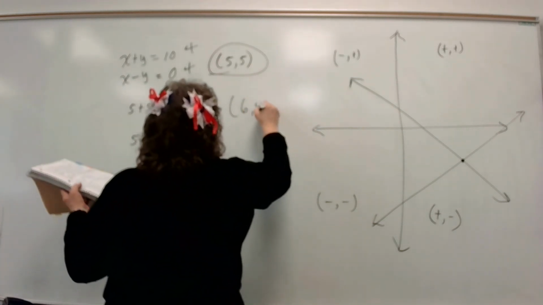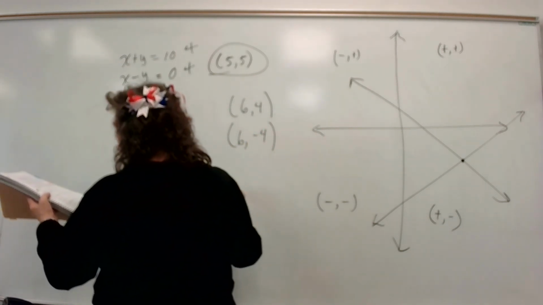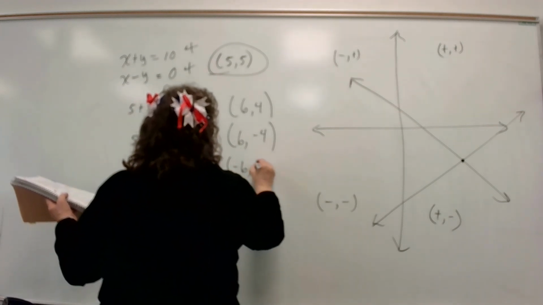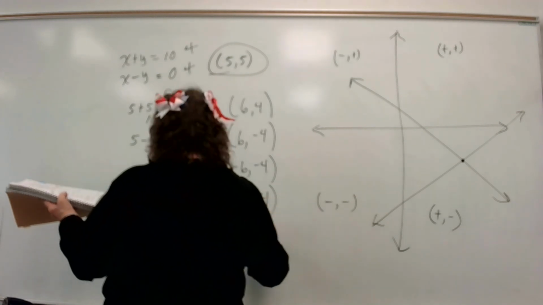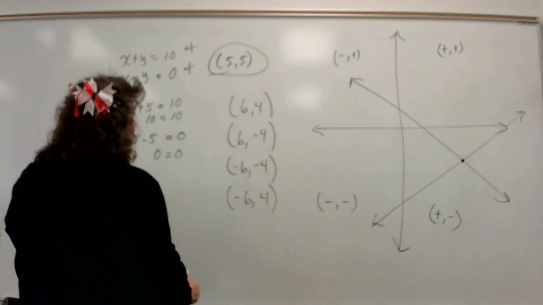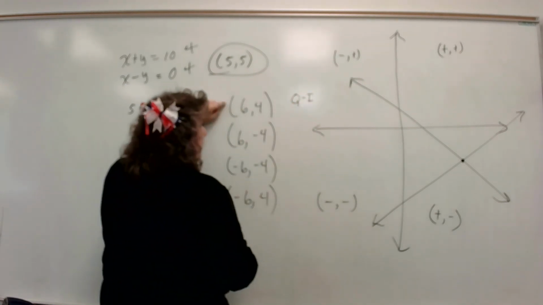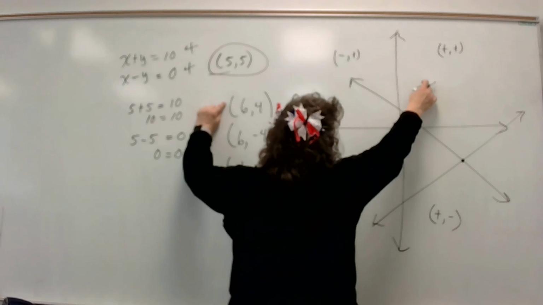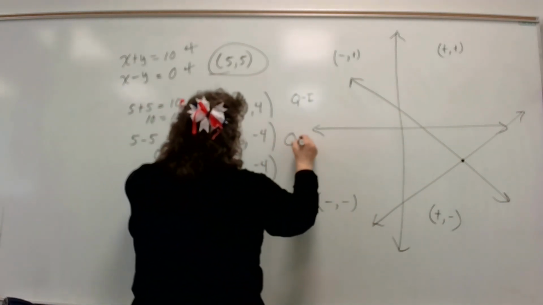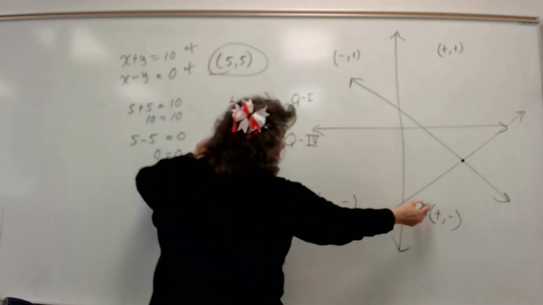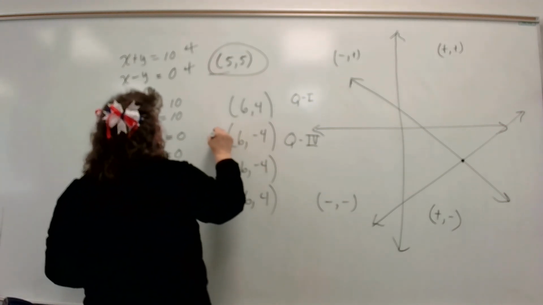So now let's look at our choices of ordered pairs. We have (6, 4), (6, -4), (-6, -4), and (-6, 4). As you can see, this one is in quadrant 1. Well, my intersection is not in quadrant 1. This one is quadrant 4. Well, my intersection is in quadrant 4, so therefore, that is probably it.